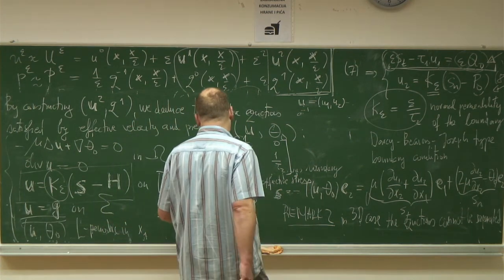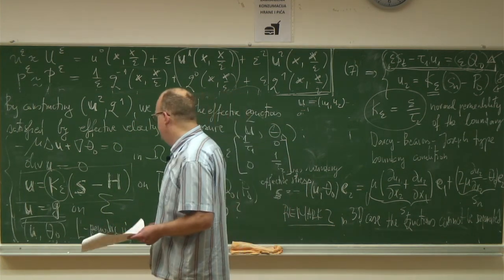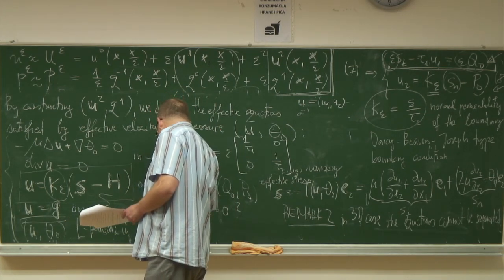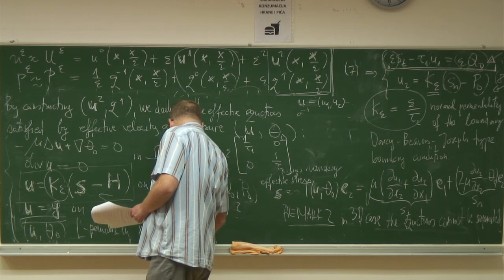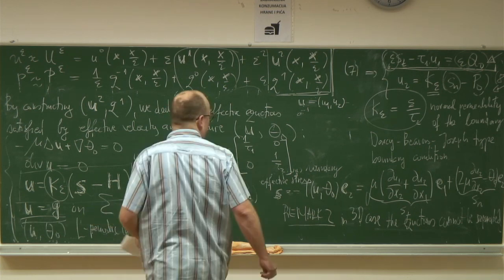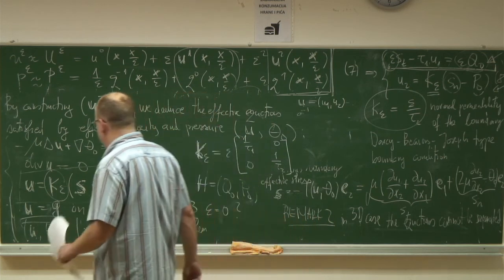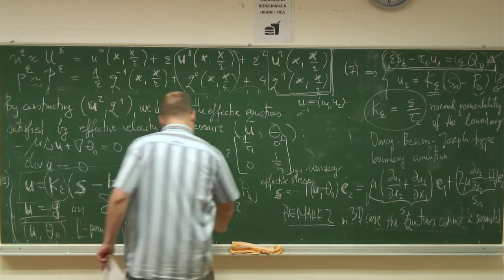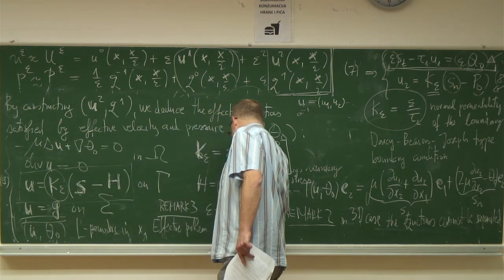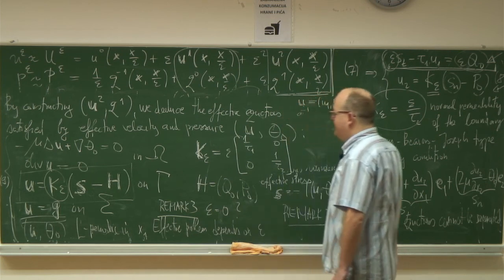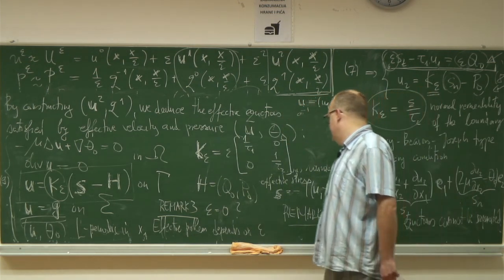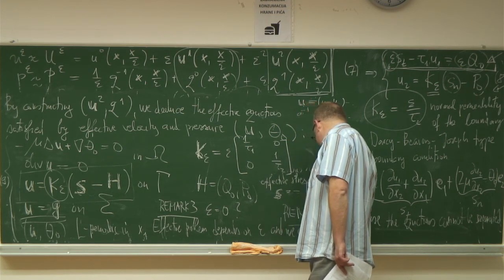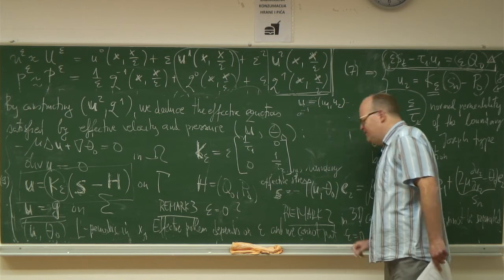So remark 3 would be that the effective problem depends on the small parameter epsilon, and we cannot simply put epsilon equal to 0.